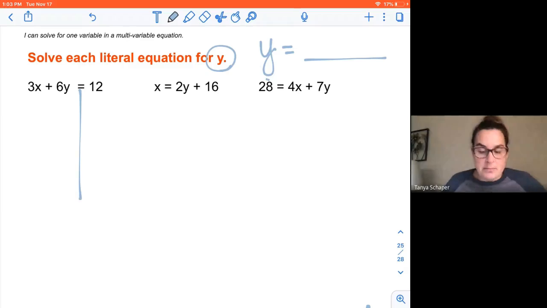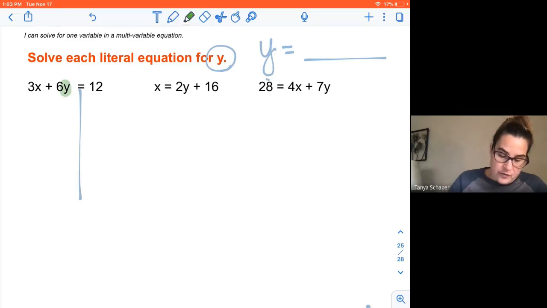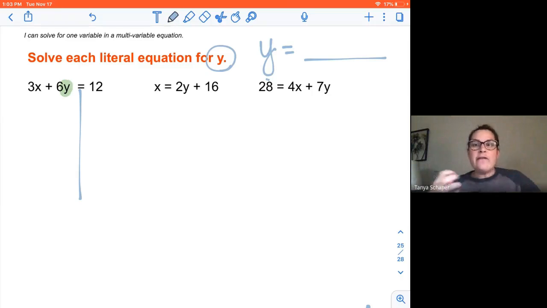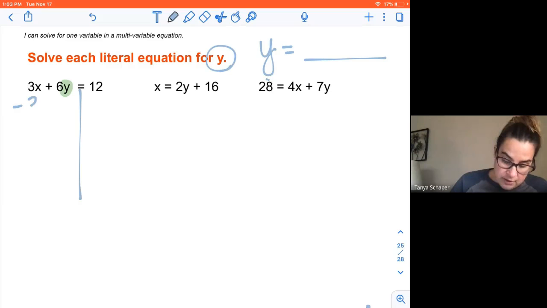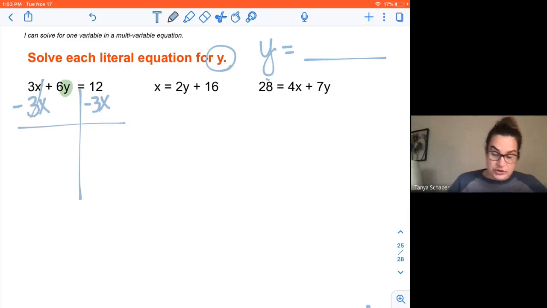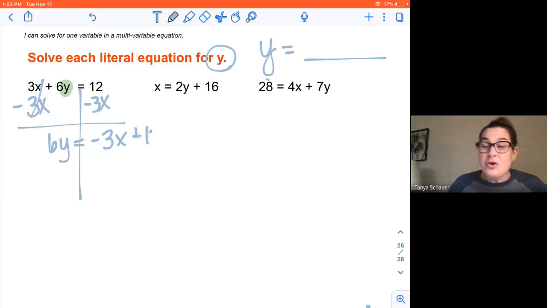With this first one, my goal is to get y by itself. So I need to peel away everything else. I'm going to start by subtracting 3x from both sides. So 6y is equal to negative 3x plus 12. You could have written that as 12 minus 3x as well.